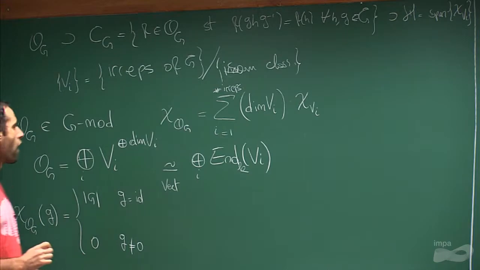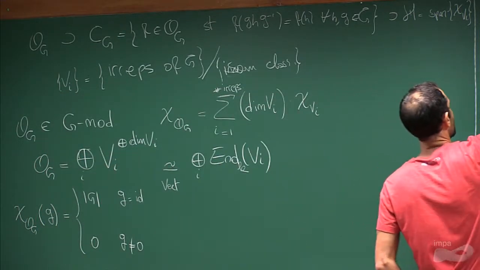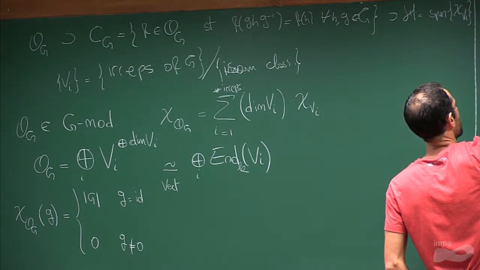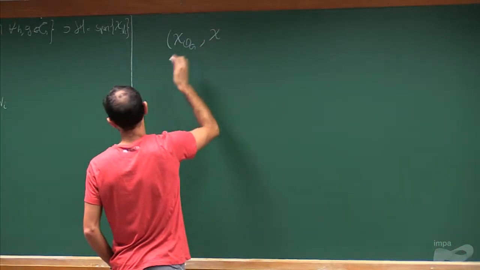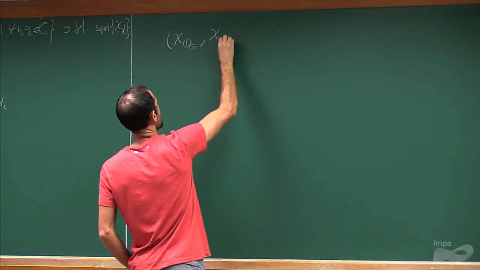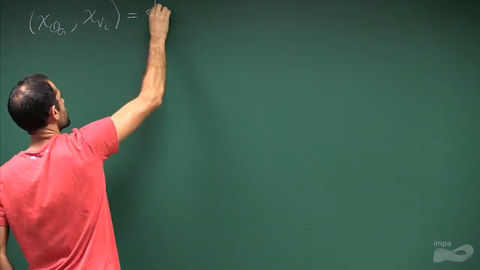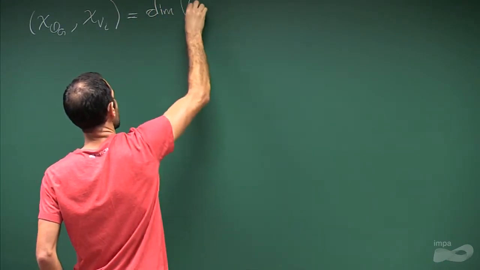On the other hand, from this it follows that the inner product of the character of O_G with the character of Vi is equal to the dimension of Vi.